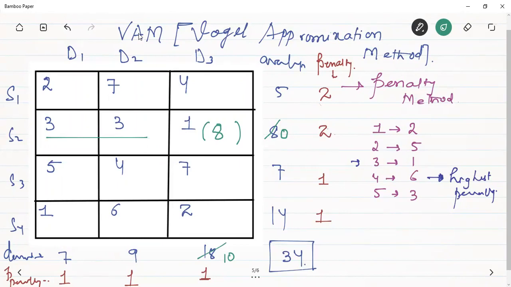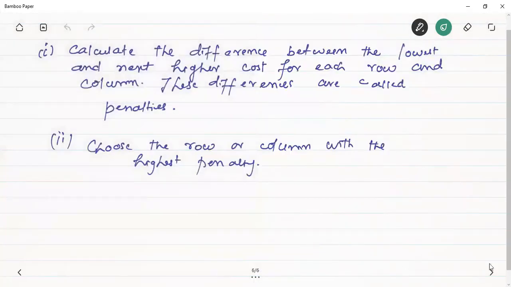Fine, so now we have to make another table. Okay, इसमें क्या करना पड़ता है, we have to make another table and calculate the new penalties. Okay, so see here what we are going to do. I will start making a new table.